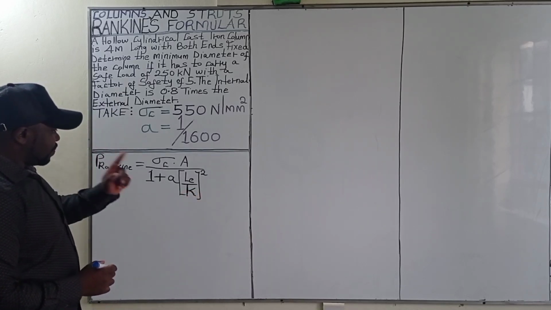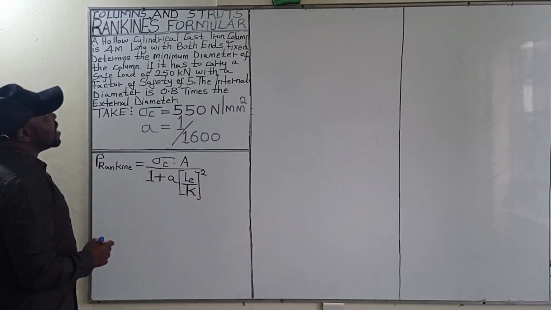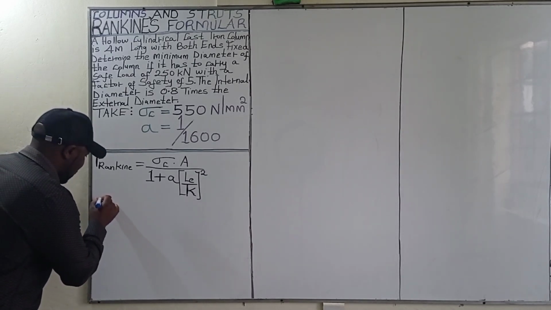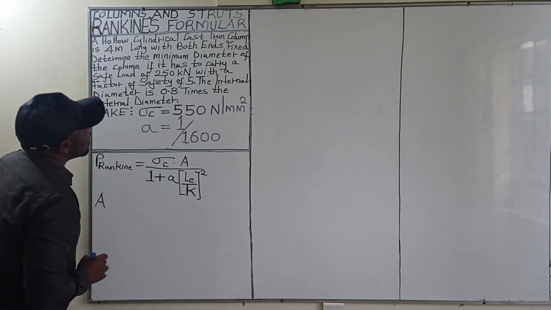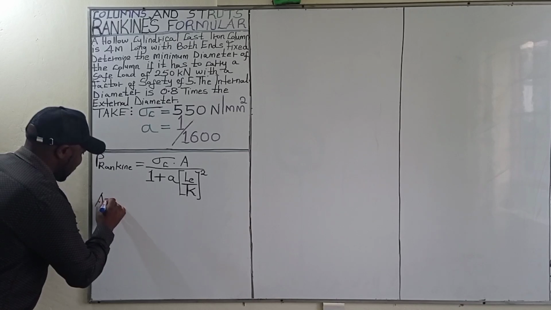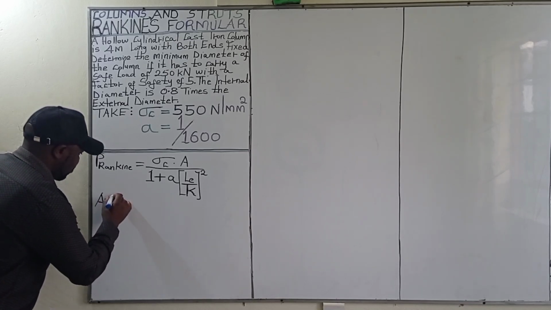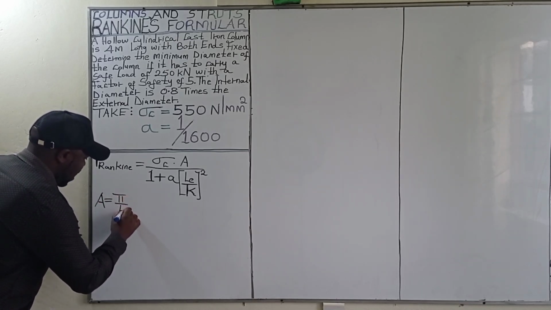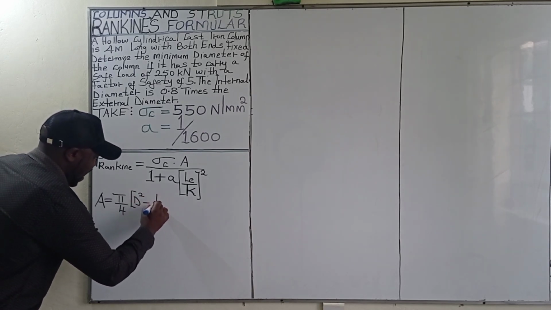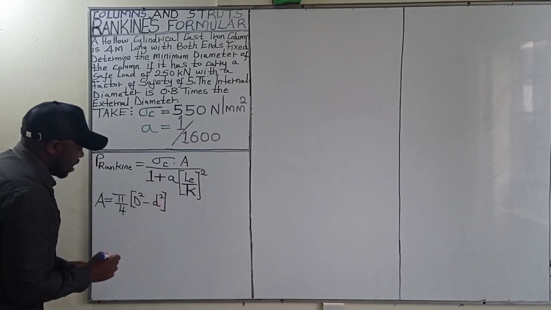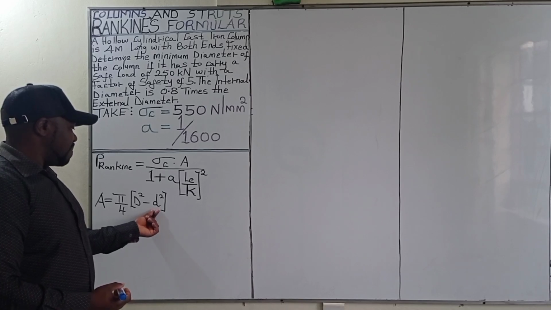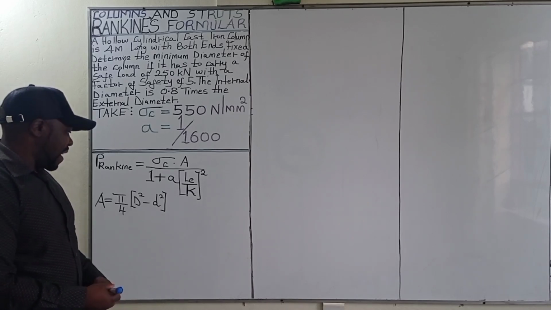So what we are going to do, we are going to determine the cross-sectional area of this hollow cylindrical cast iron. Since the column is hollow and it has a circular cross-section, the cross-sectional area will be pi over 4 into D squared minus d squared, whereby capital D represents the external diameter and small d represents the internal diameter.